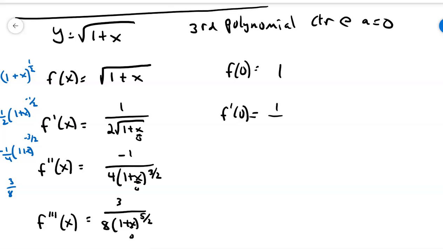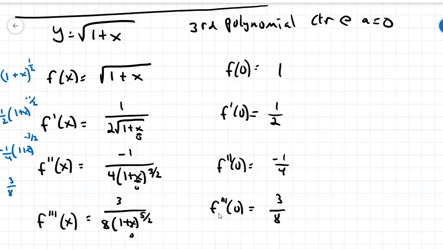So this one will give me a 1/2. The next one will give me a negative quarter. The next one down here will give me a 3/8. All right, so hang on to those numbers, 1, 1/2, negative quarter, and 3/8, and we're ready to make that polynomial.